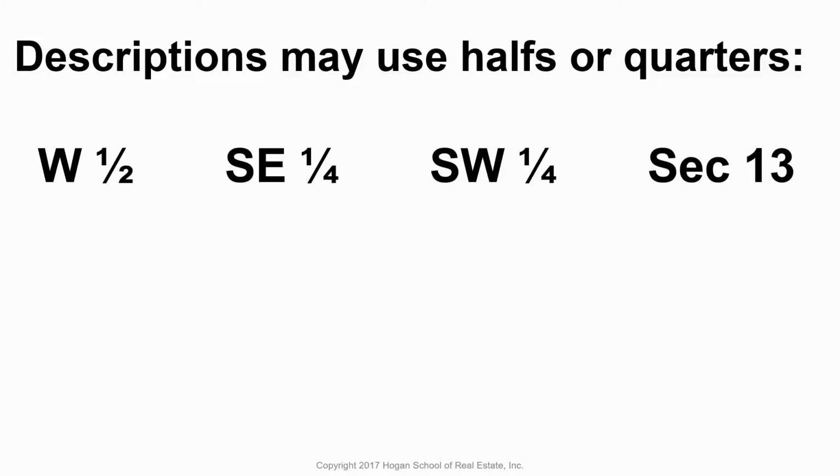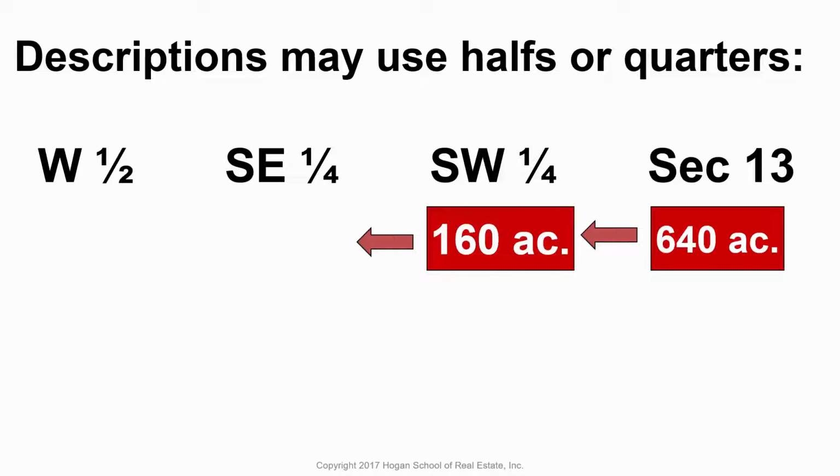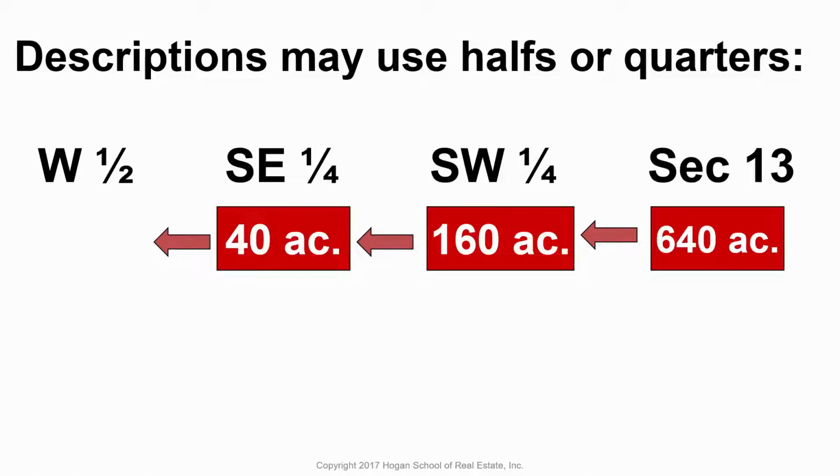Descriptions could use either halves or quarters. So let's take this, the west half of the southeast quarter of the southwest quarter of section 13. Section 13 has 640 acres. Whatever quarter, it doesn't matter. 1/4 of 640 is 160. 1/4 of 160 is 40 acres, and half of 40 is 20 acres.